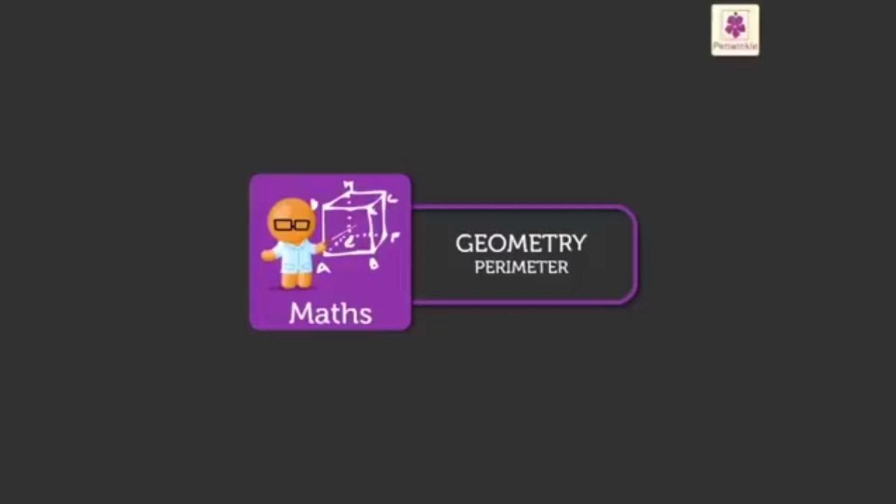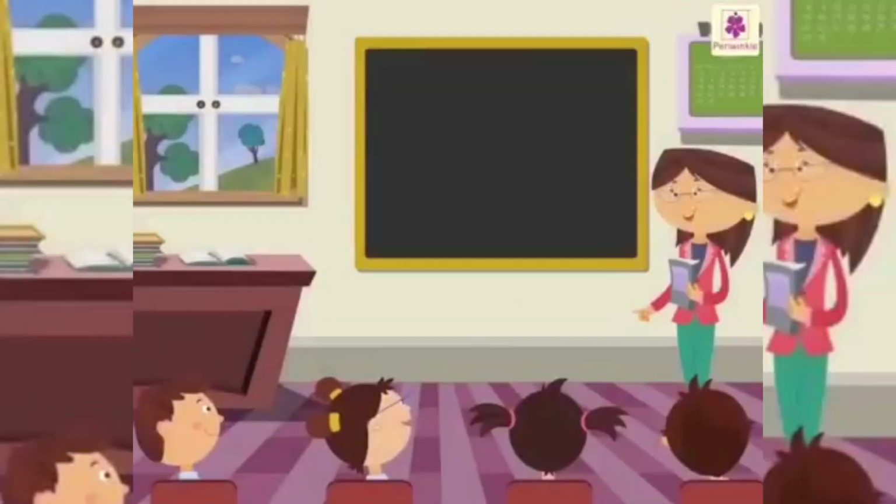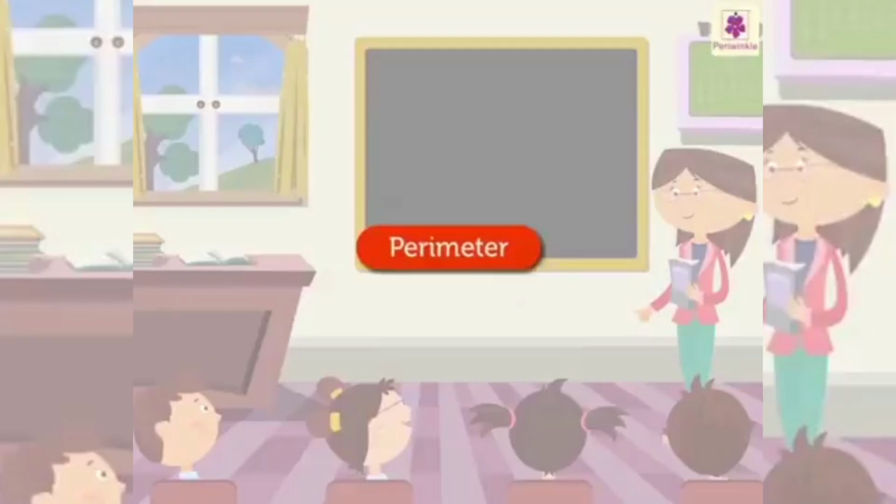Perimeter. Today, let's learn how to find the perimeter of a polygon. The word perimeter comes from two Greek words, peri and metron.